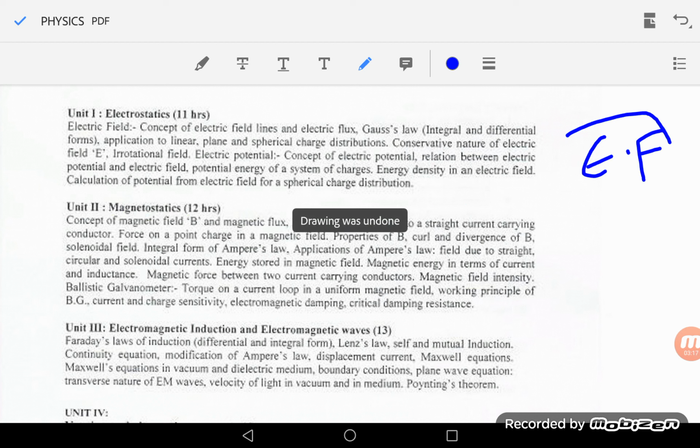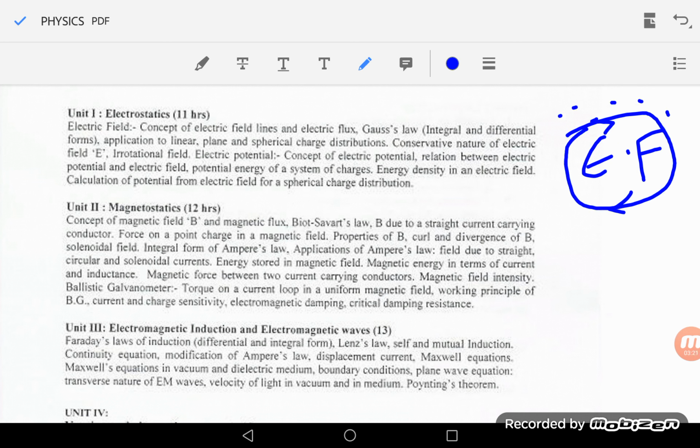Electric charges create both the electric field as well as the magnetic field, but to produce the magnetic field, the charges must be in motion. This is the main condition.